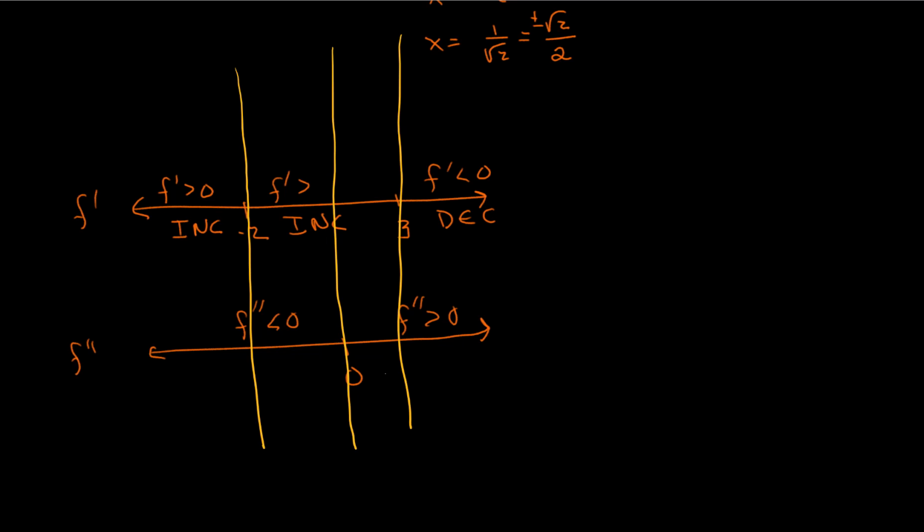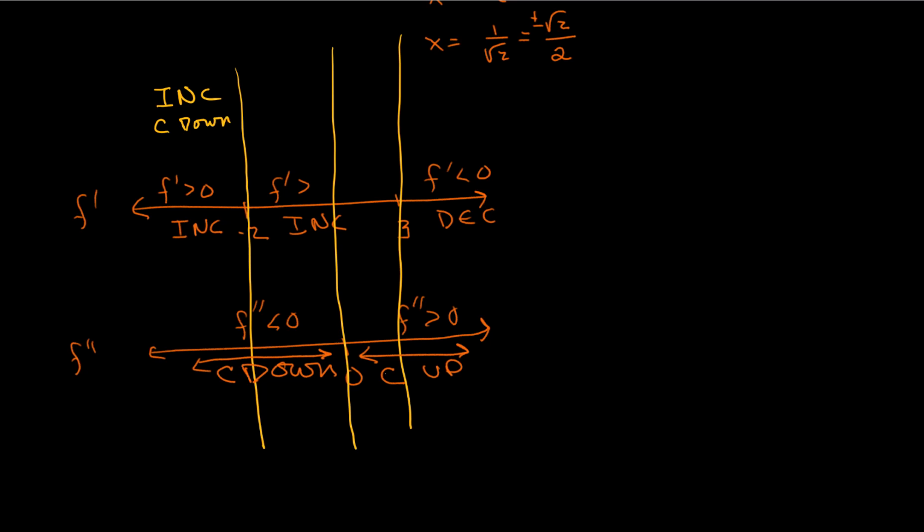What you want to do is for each segment, so I'm going to look at the leftmost, it is increasing. That's what the first derivative says. Notice the second derivative here says that it's concave down over that whole interval and concave up to the right of 0. So you take the information from both. This is going to be increasing and concave down.